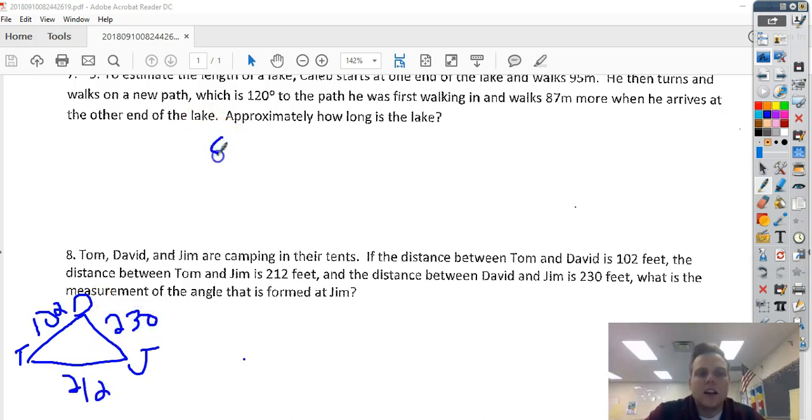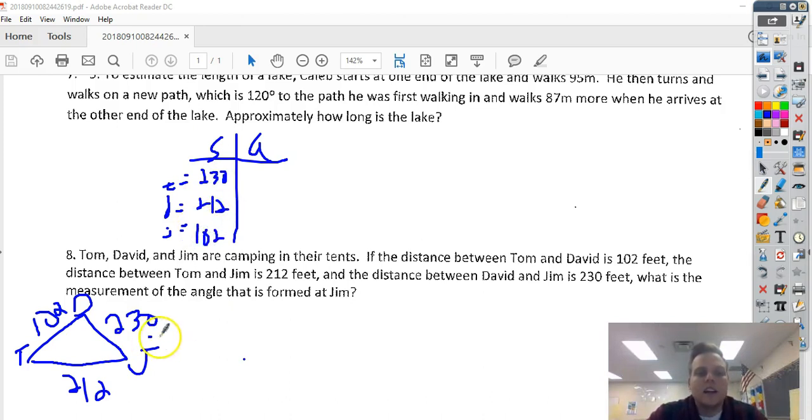So you set up your sides and angles. This is for problem 8. I'm just kind of short on space, so I wrote up here. Little t, little d, little j. And I don't know any of the angles, so I'm not even going to bother writing it because I'm trying to keep this video short. Little t is 230. Little d is 212. Little j is 102.